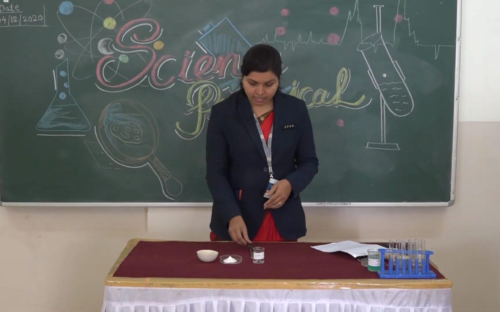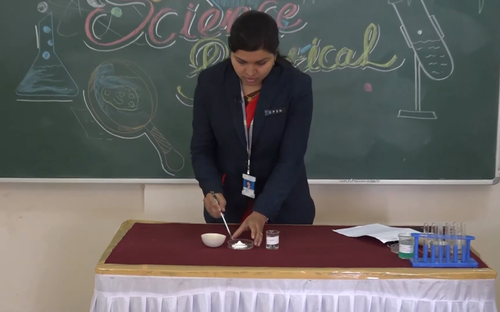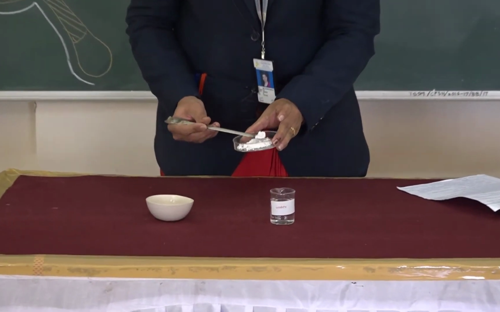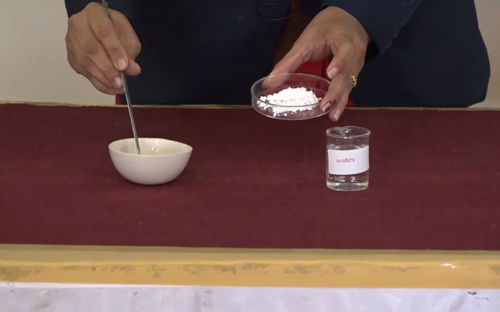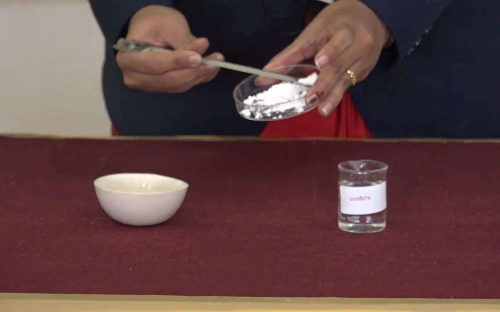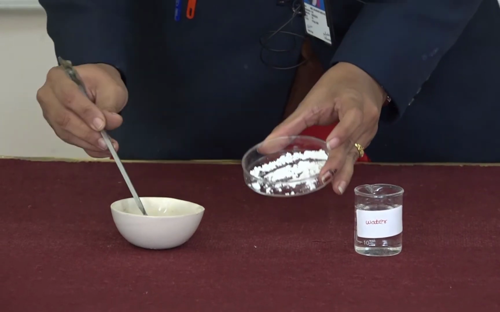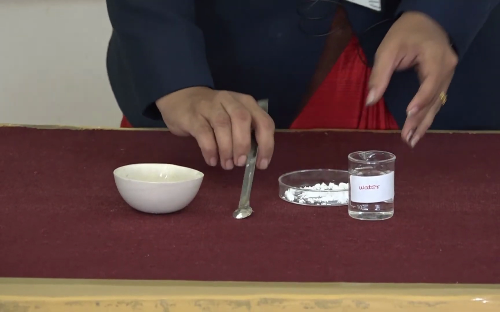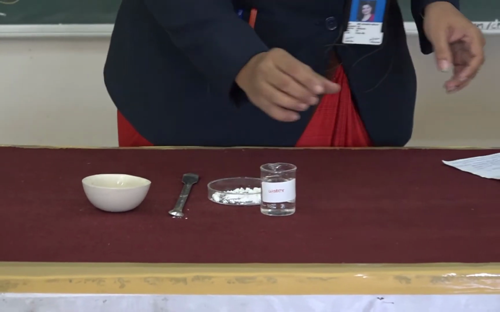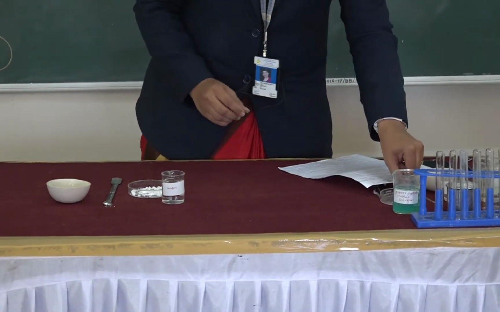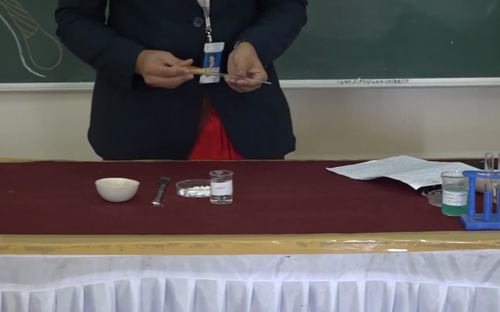First of all, we will see the reaction of water with slaked lime. So, take 10 gram of slaked lime or calcium oxide in china dish. Take a little water in beaker.